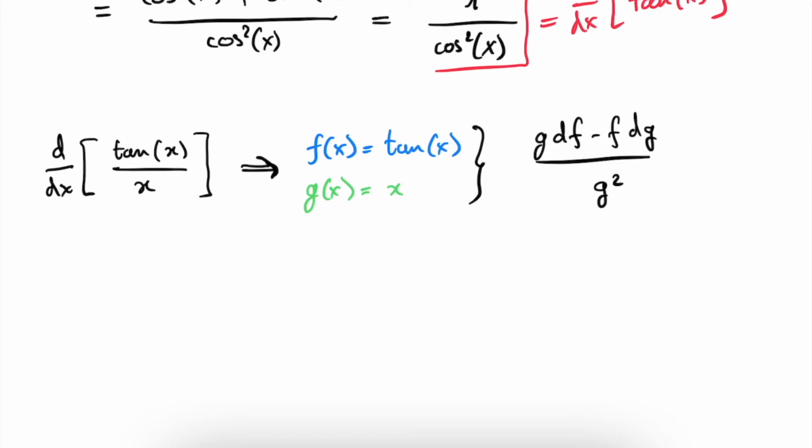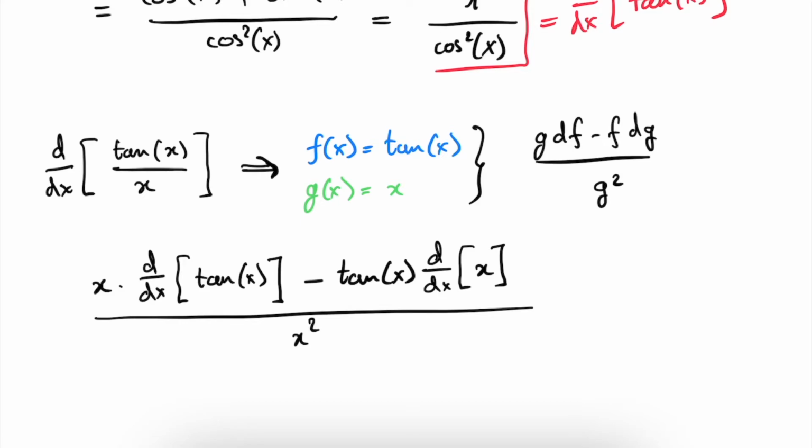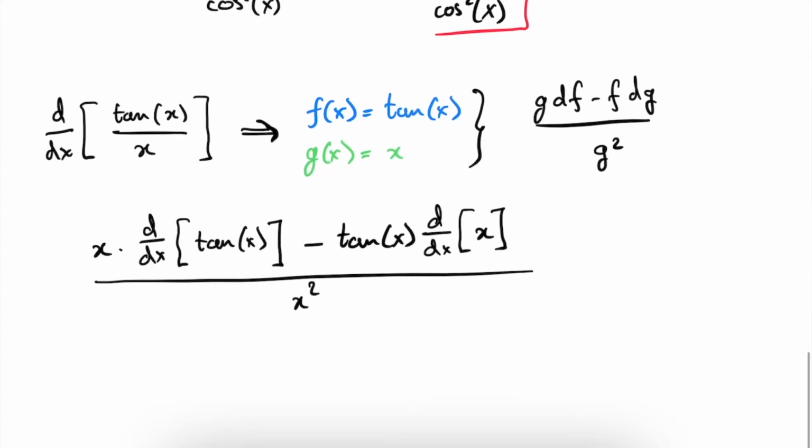So g df means g, which is x times d over dx of f, and f is simply the tangent of x, minus f dg, so f is tangent of x, dg is d over dx of simply x, and we divide this entire thing by g squared, which is now simply x squared.